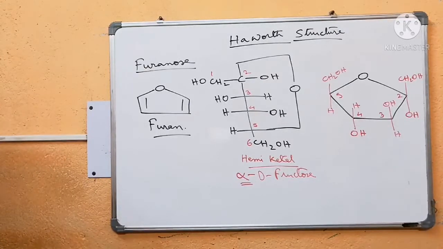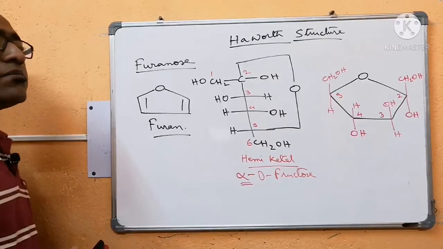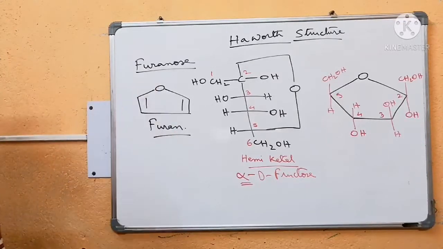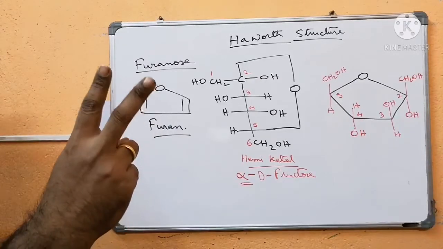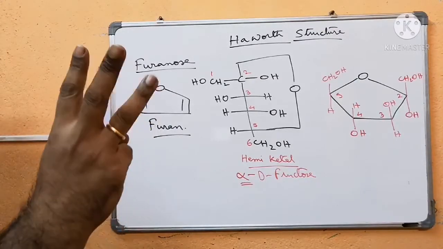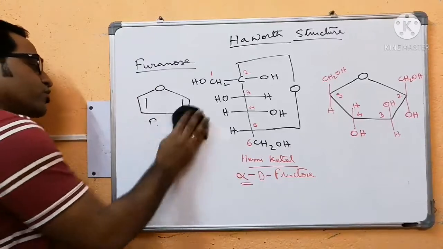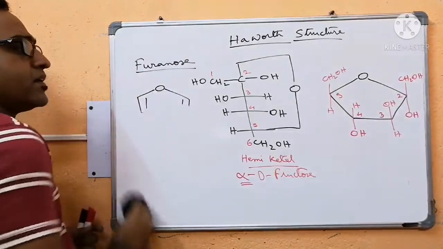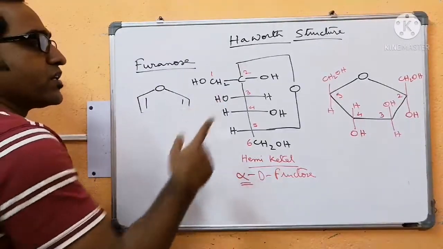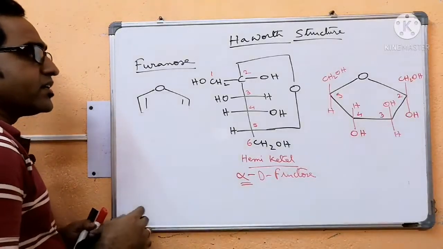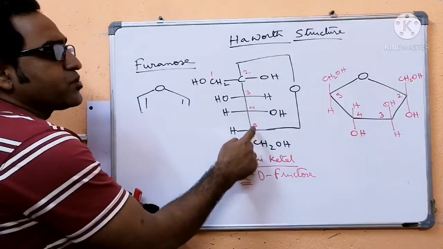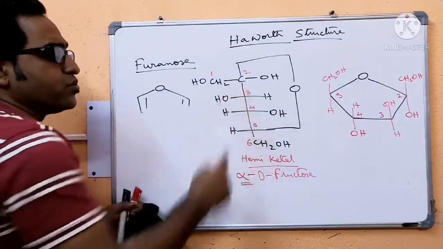Next, we will move on to the disaccharides. In our syllabus, we have only 3 disaccharides: sucrose, lactose, and maltose. So let's move on. Another thing before going into the disaccharides, here you can see the linkage is between C5 and C2.